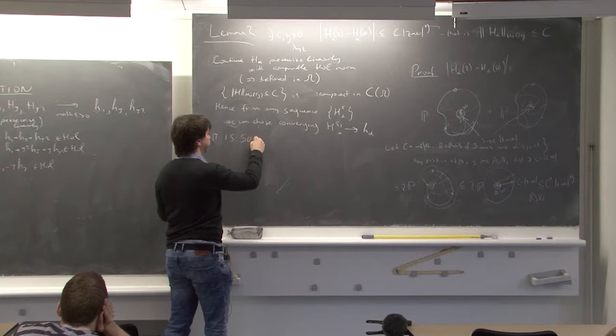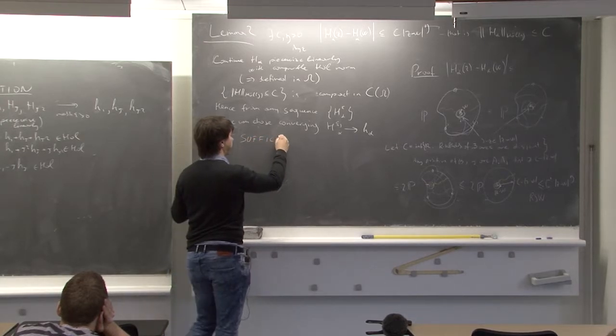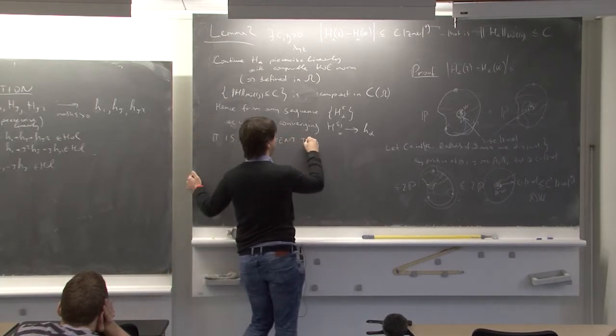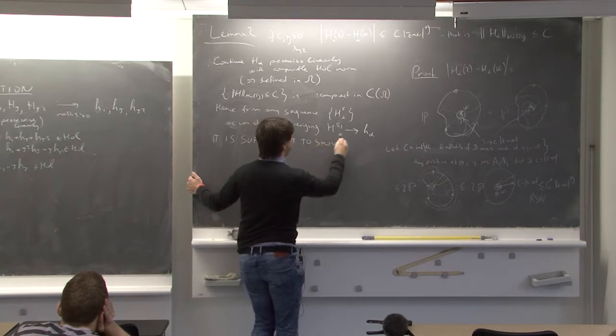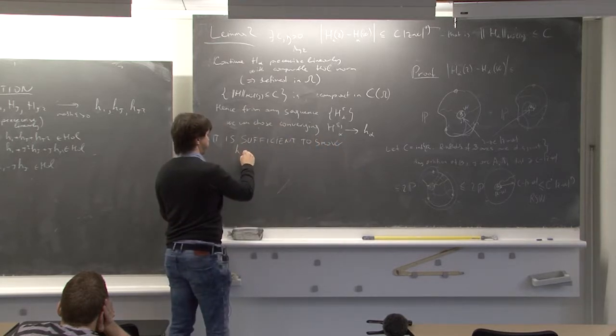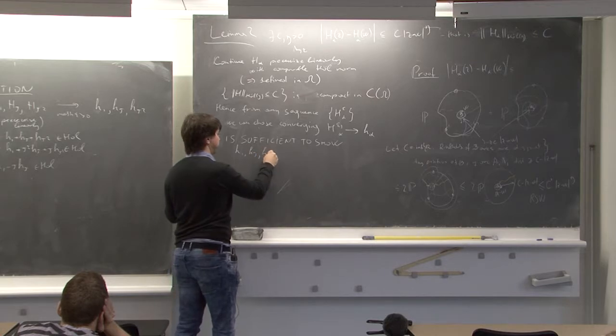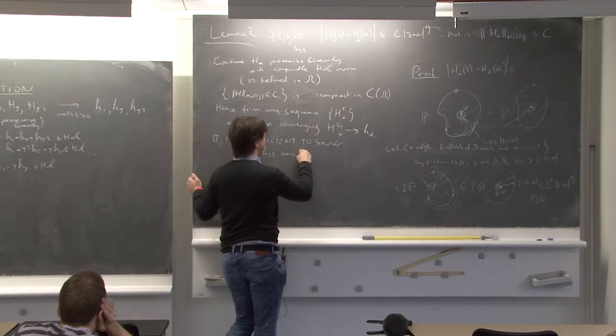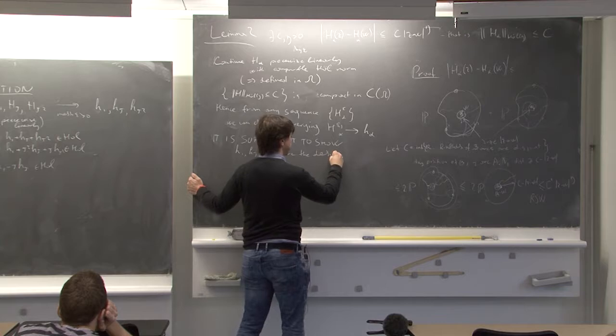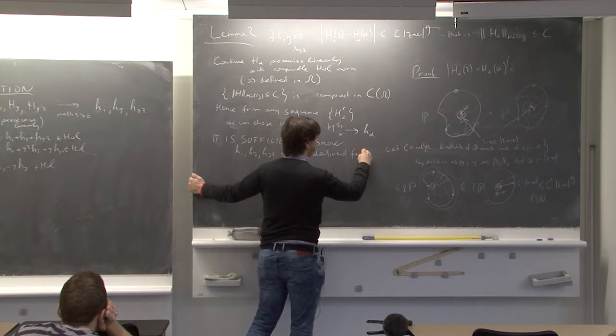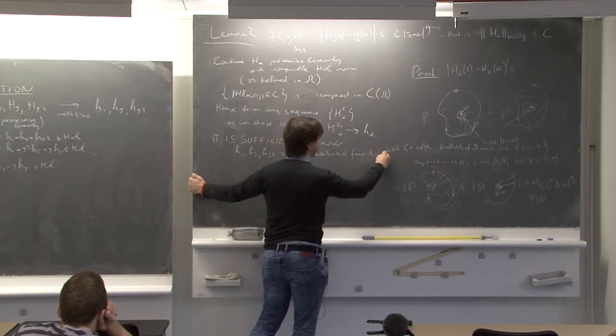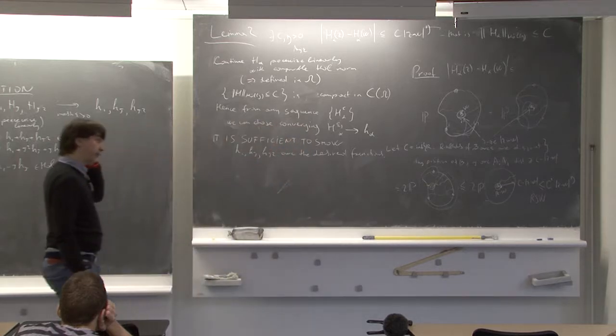It is sufficient to show that h1, h tau squared are the desired functions given by a map to a triangle.